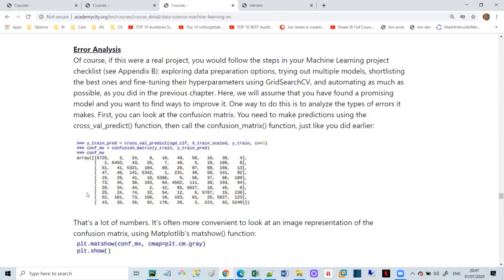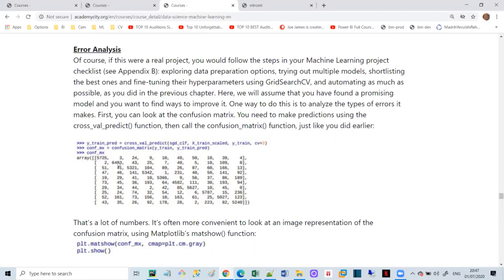Because there are 10 possible types, and my prediction could be any of those 10. So what does a big number in the middle here mean? That means when it was a 0, I correctly said it is a 0. What does it mean when I have a big number here? That means when it was 1, I predicted it's 1, etc. When it was 2, I predicted.